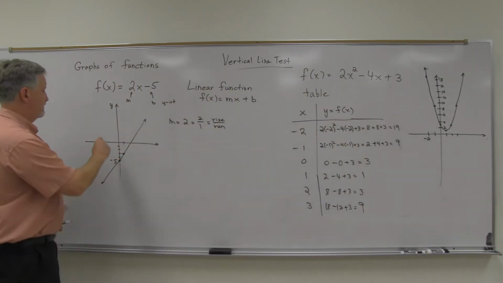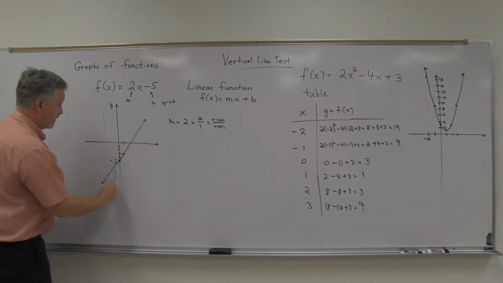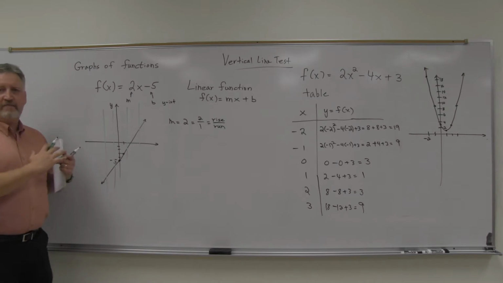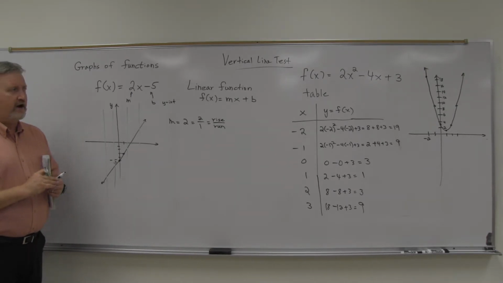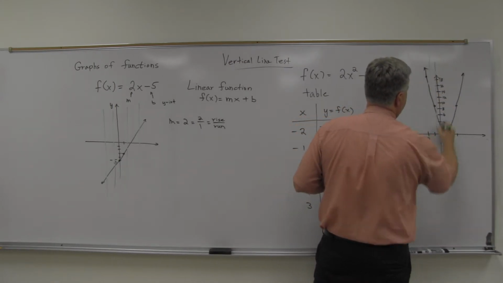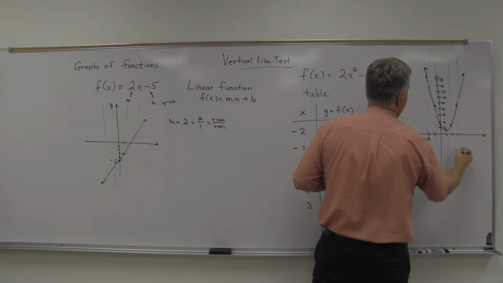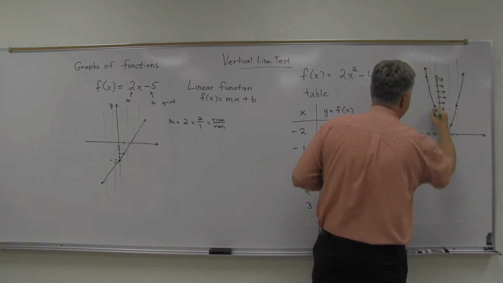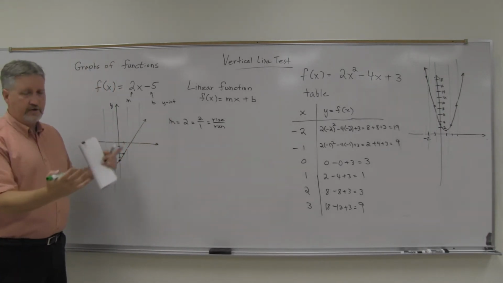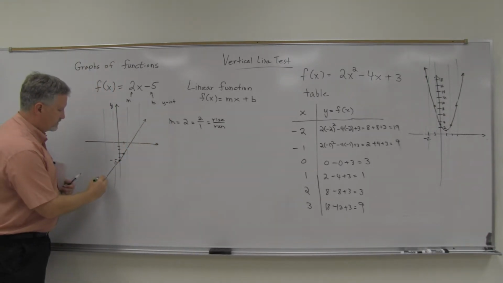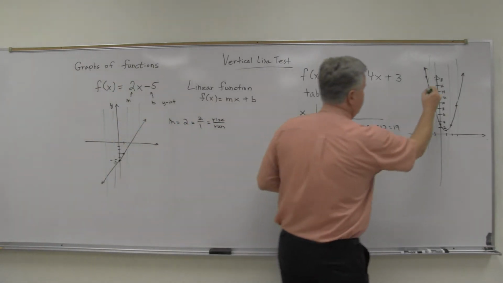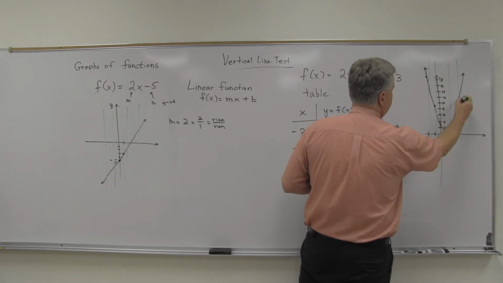If you draw vertical lines through your graph, you don't have to draw very many, but we're thinking about vertical lines that go through these graphs. In both cases, any vertical line we draw on these graphs of functions will hit the graph in only one point.